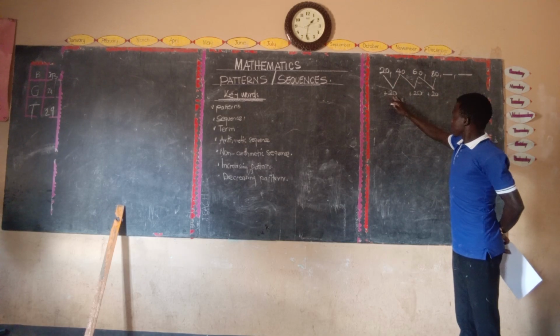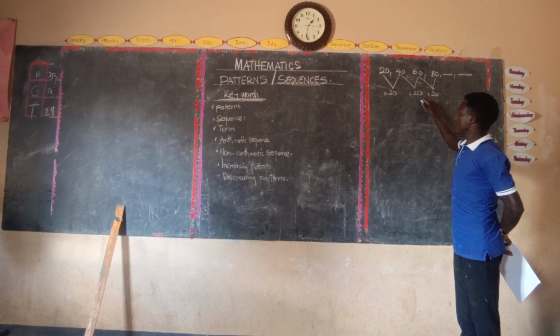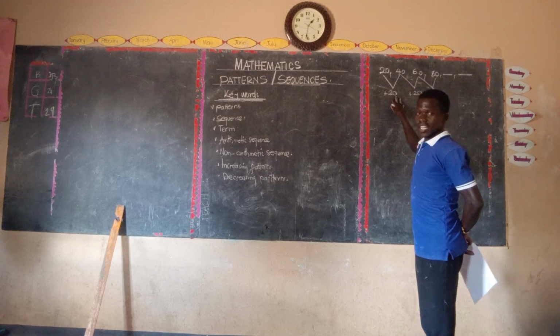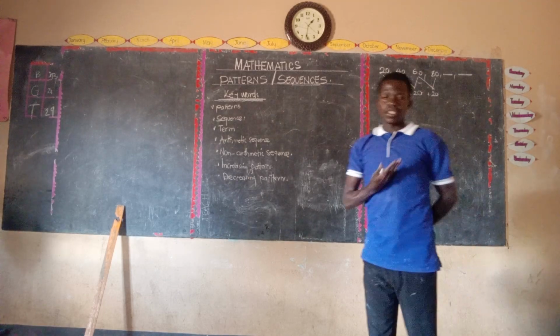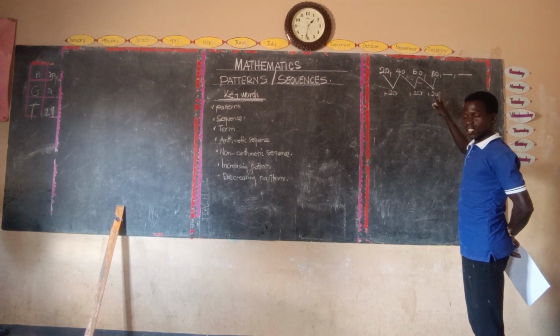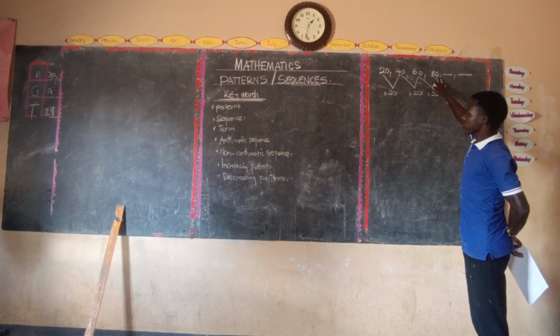So this rule of adding 20 is what we call patterns. So pattern is the order in which the numbers are written. So the numbers here are written by adding 20 to the previous number.